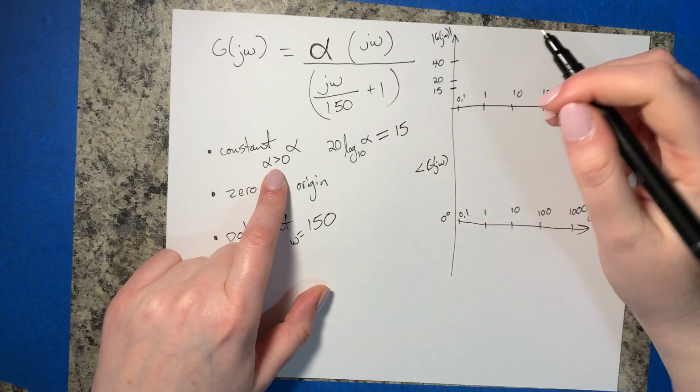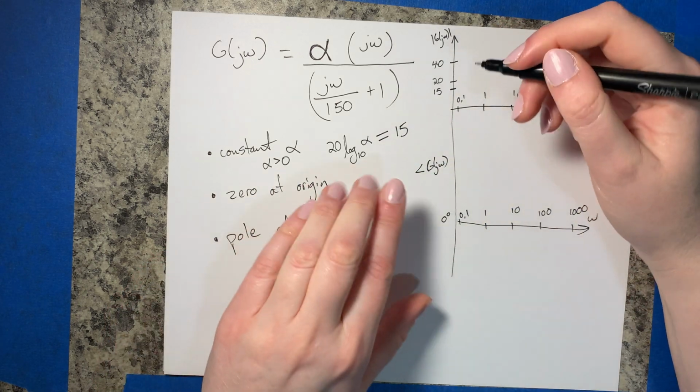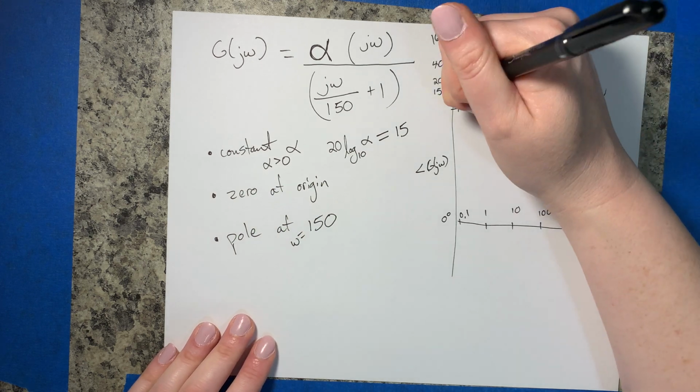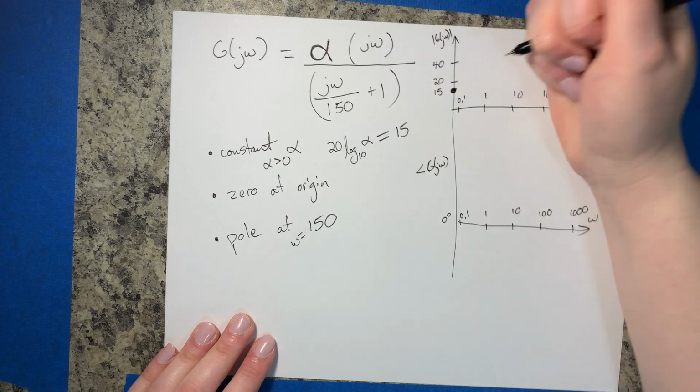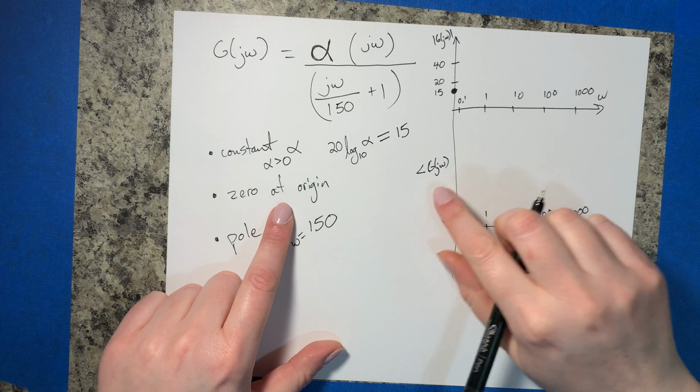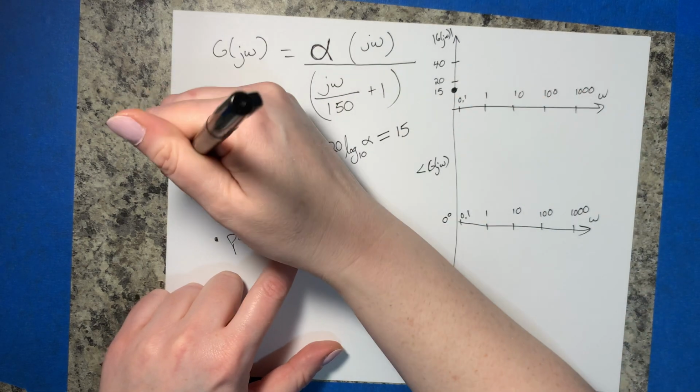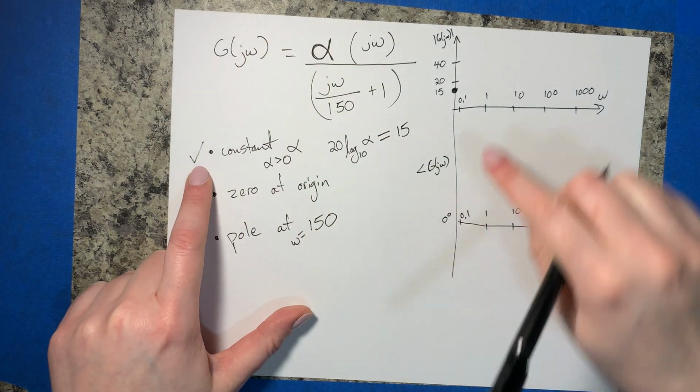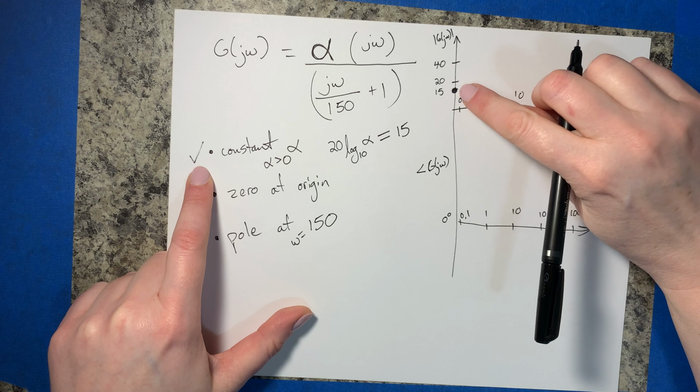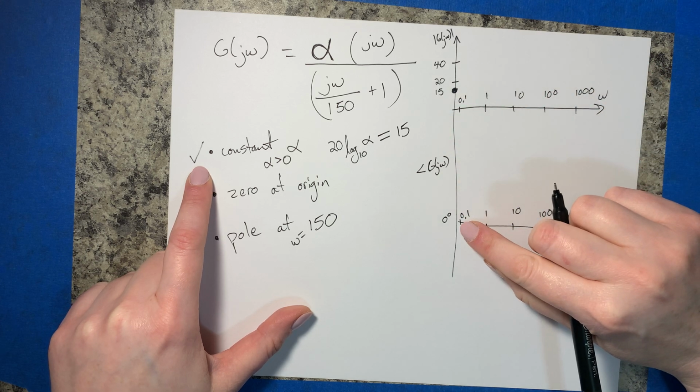But it does affect our magnitude plot. It gives us that starting magnitude. Okay, so this is where we'd start out. So we've taken care of the constant here. It has an effect here, gives us our starting magnitude, no effect on the phase plot.